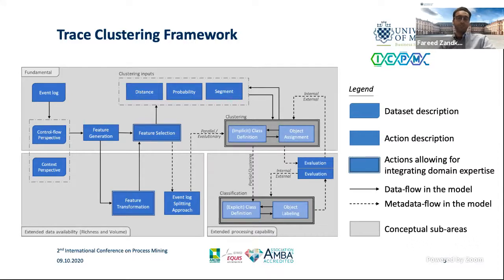If boxes are drawn with double-lined effect, this means integrating domain expertise is possible in this step. Solid arrows represent the flow of the steps, and dotted ones represent the metadata signals exchanged between different blocks or simply boxes.